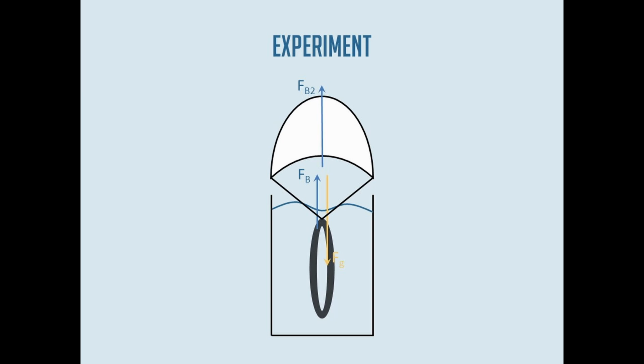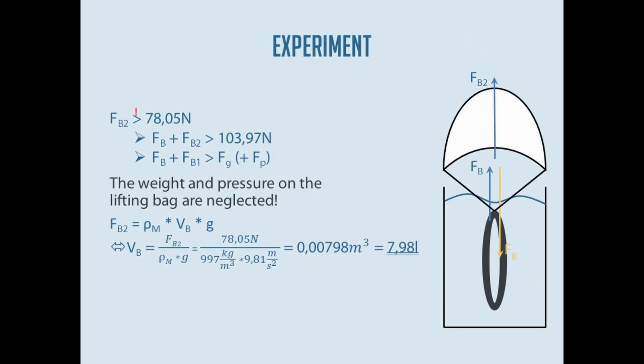We now call the buoyant force of the lifting bag FB2. As we have already established, this must be greater than 78.05 Newton. To do this, we'll look at our buoyancy formula again and now convert it to VB, the volume of the body in our lifting bag experiment, and insert all the values.